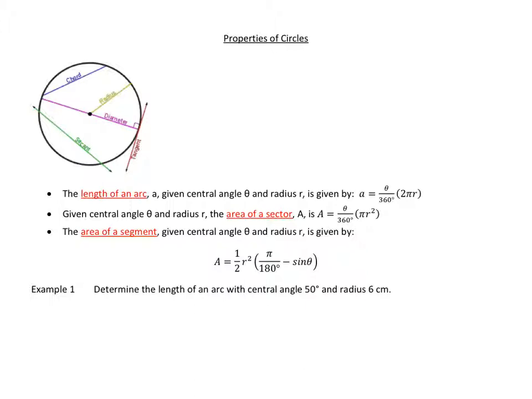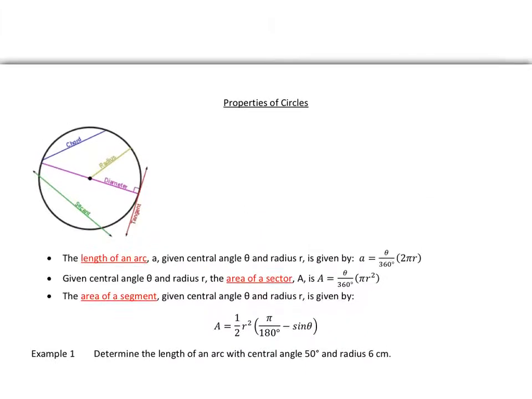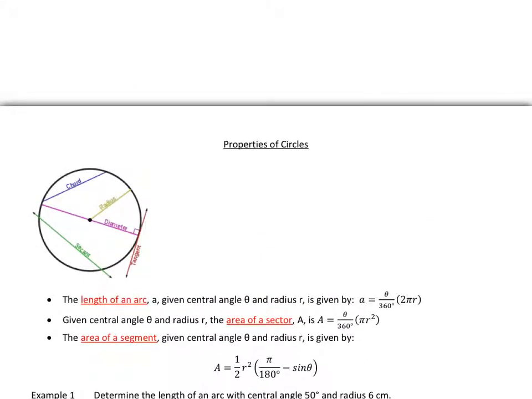Now we just need to add a couple of quick definitions to your note. The first one is the definition of a segment. A segment is the area that is created between a chord and the edge of your circle.